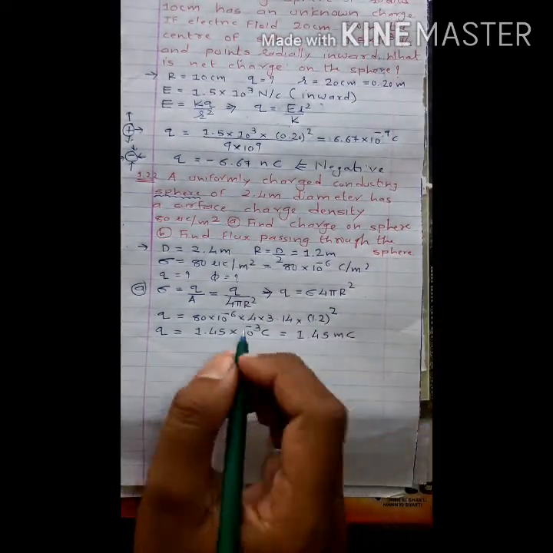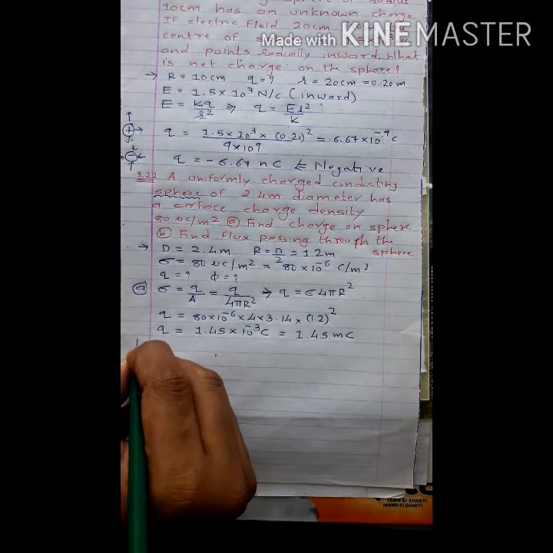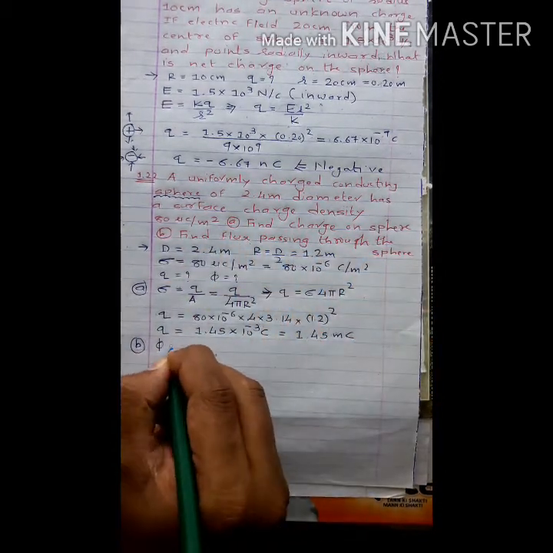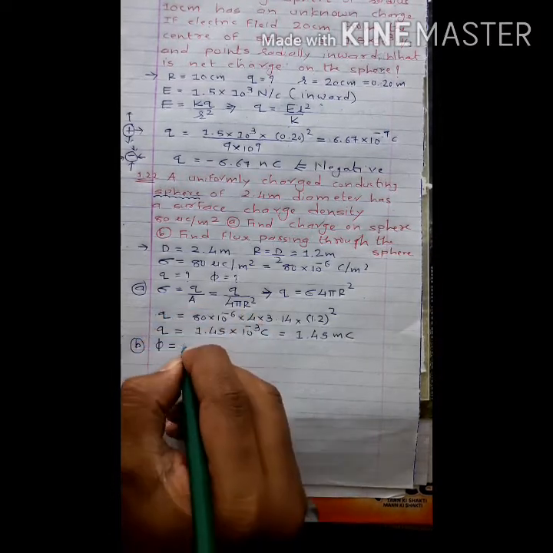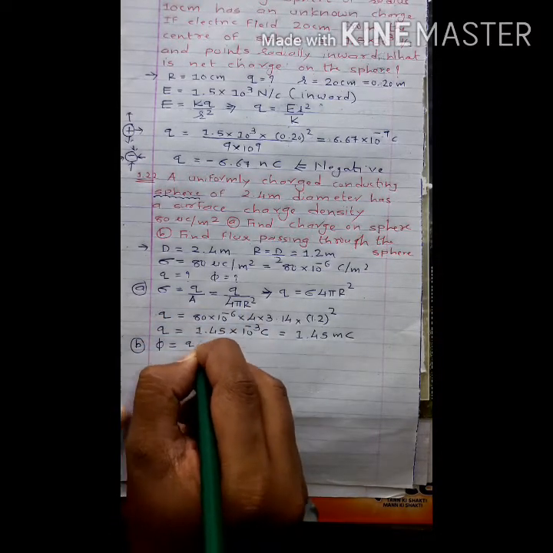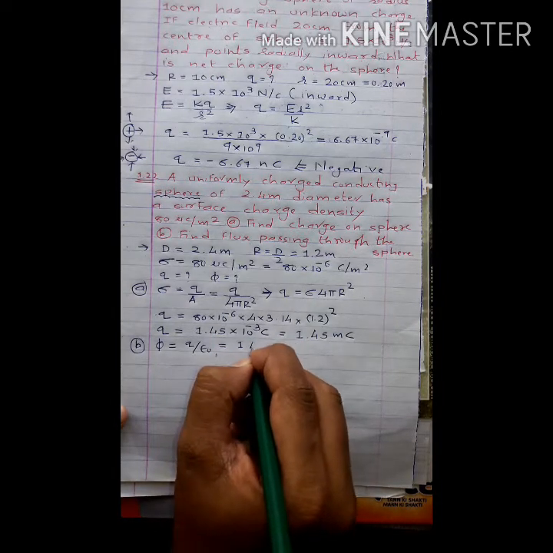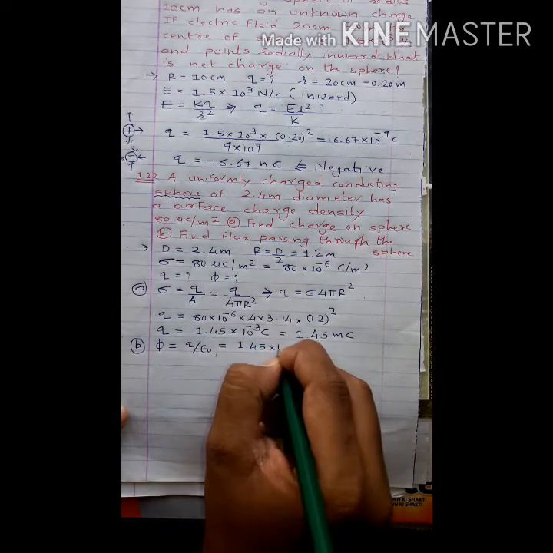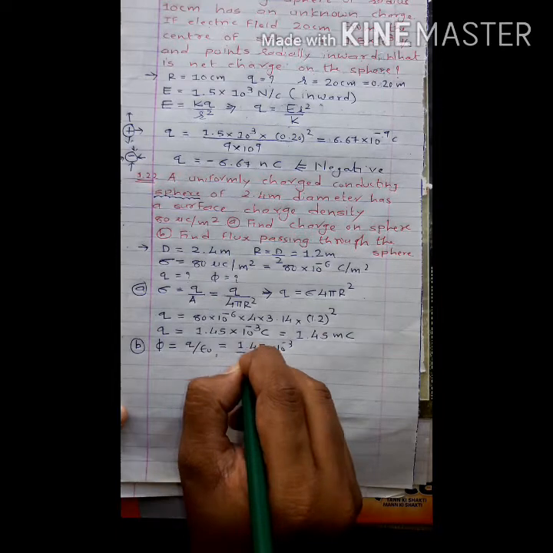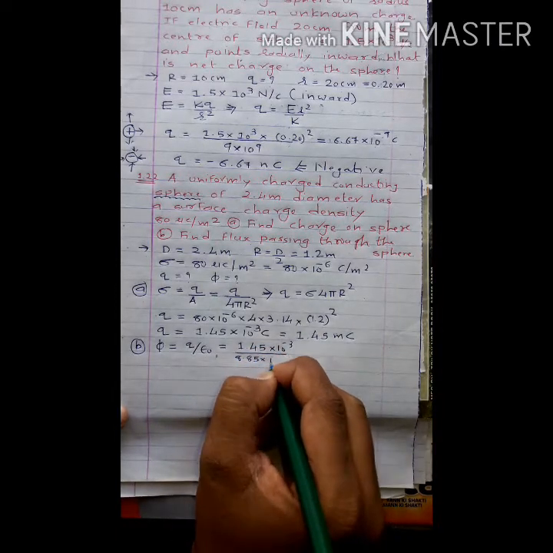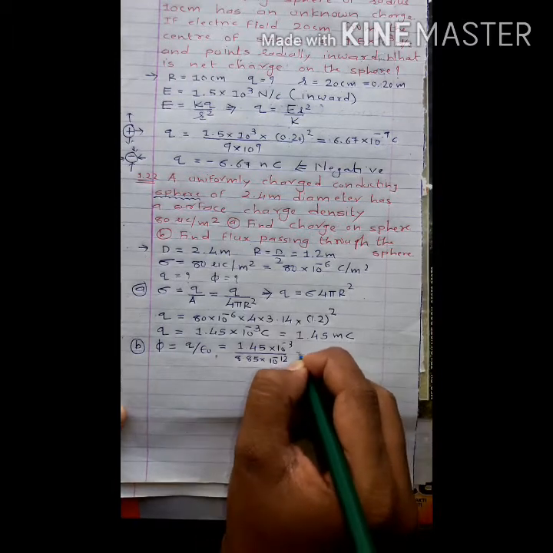Now part B, the second point: find the flux passing through the sphere. We have the standard equation of flux, phi is equal to Q upon epsilon 0. Q is 1.45 into 10 raised to minus 3, divided by epsilon 0, the permittivity of free space, which is 8.85 into 10 raised to minus 12.